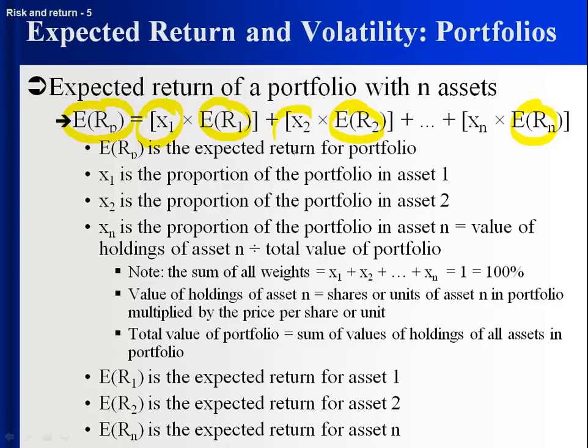So you have a weight on each of them, which is simply the value of the holdings for that particular asset divided by the total value of the portfolio. So if the whole portfolio is worth $100 and one of our assets is worth $97, then 97% of our portfolio would be attributable to that particular asset. And so the expected return for our portfolio would be heavily influenced, because 97% would be the weight on its expected return.